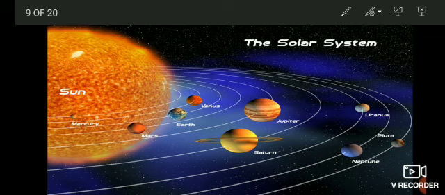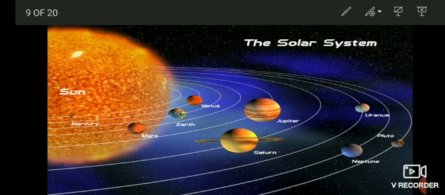All the 8 planets rotate on their axis and they revolve around the sun at different distances and at different speeds in their elliptical paths called orbits. So now we can define the solar system as consisting of sun, planets, its natural satellites, asteroids, comets, meteors.